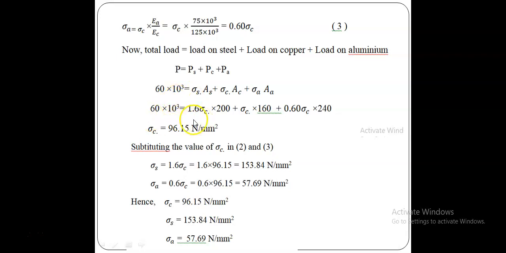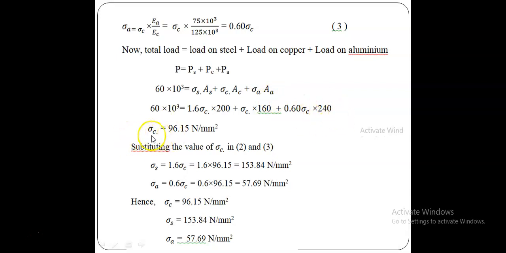Now let us substitute sigma s and sigma a in terms of sigma c, that is copper. Sigma s is 1.6 sigma c times the area of steel, which is given, plus sigma c times the area of copper, which is given, plus sigma a substituted in terms of sigma c times the area of aluminum.